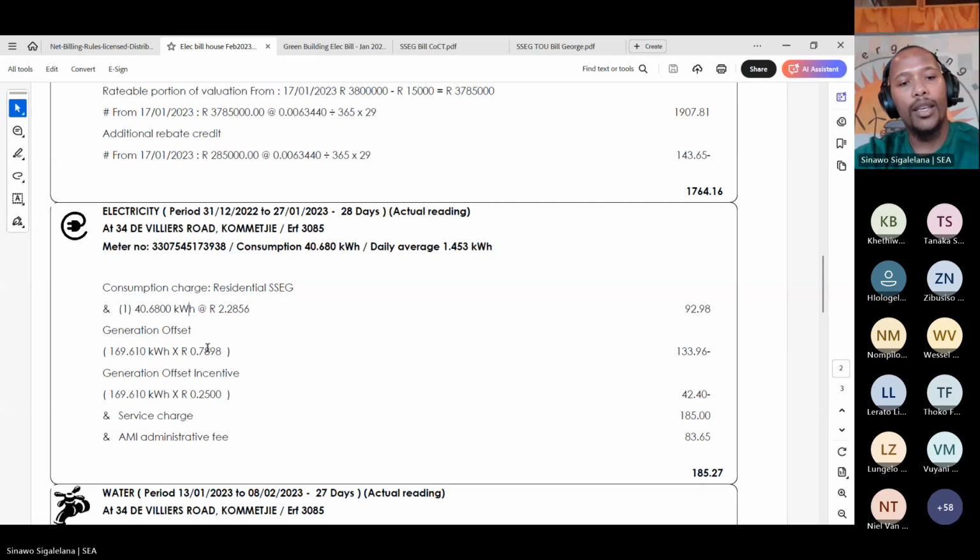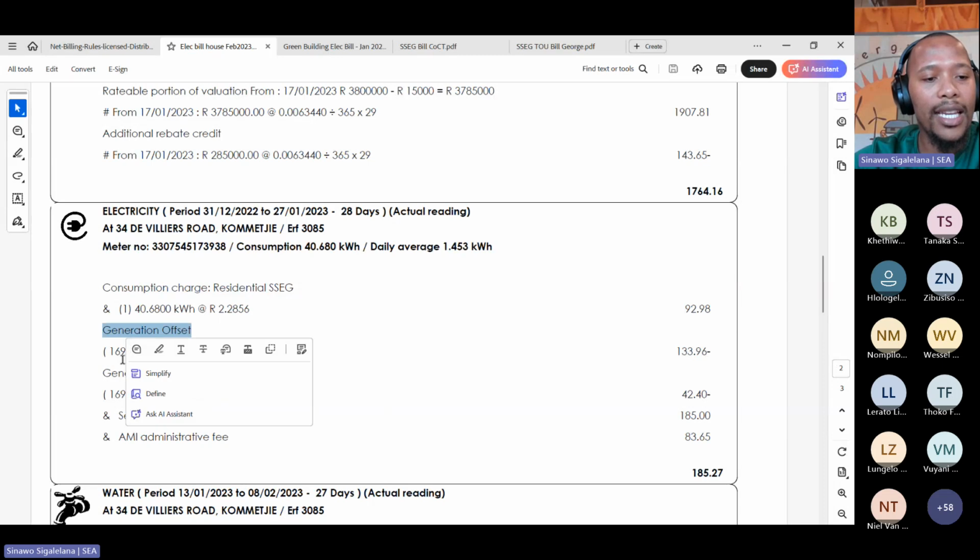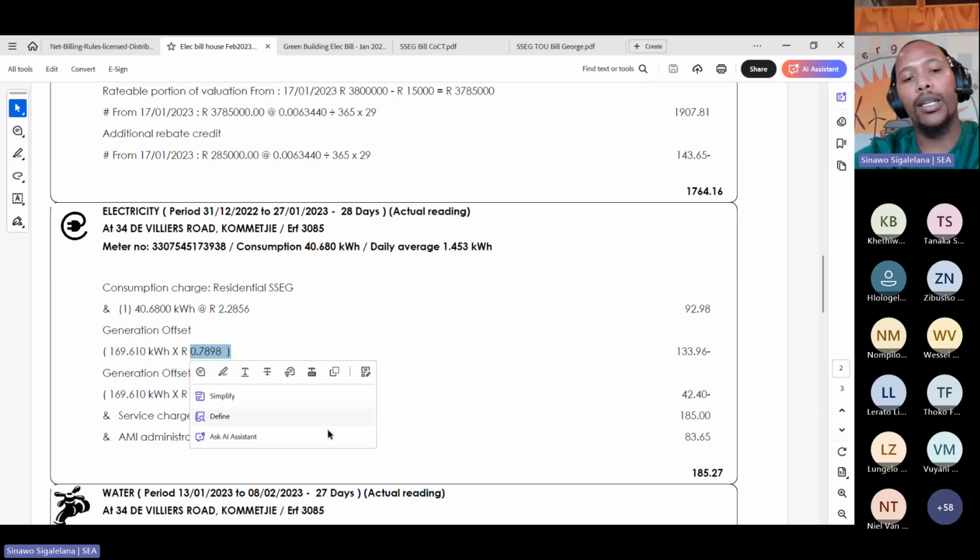Also, colleagues, in 2023, the rules were not there. And then the generation offset. Because we are dealing with a prosumer, this is the energy they feed back to the grid, which is 169.610 kilowatt hours, around 170 kilowatt hours, at this export credit.